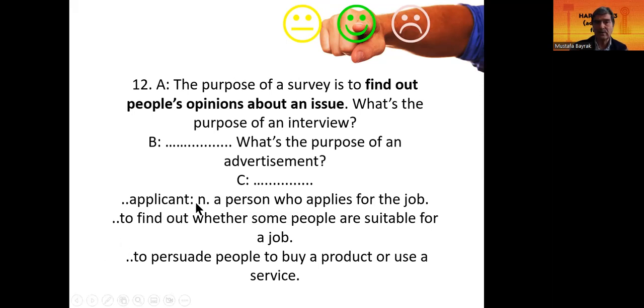The purpose of an advertisement is to persuade people to buy a product or to use a service. So I must find ways to persuade people to use my service of talking about English or learning about English.